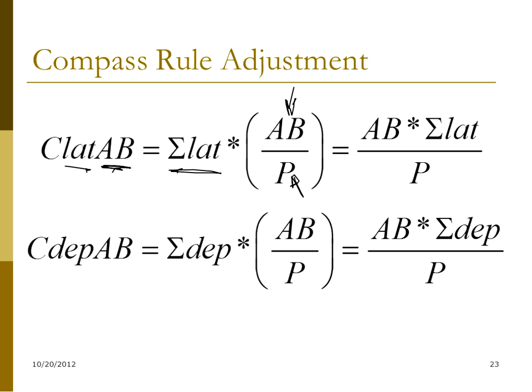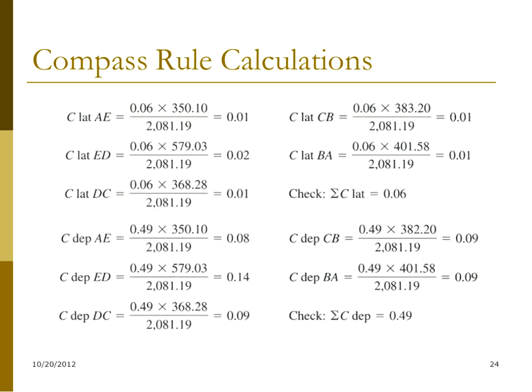So what you find here, though, if you rearrange these terms, is that you're taking the distance of the segment and multiplying it by the sum of the latitude divided by the perimeter. These two values never change, right? The sum of the latitude is what it is, and the perimeter for that particular traverse is what it is. So you can calculate this and then multiply it times the distance of each segment to calculate that correction.